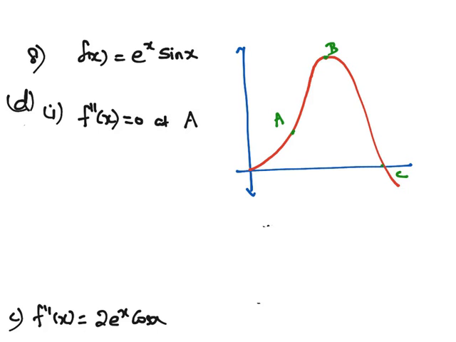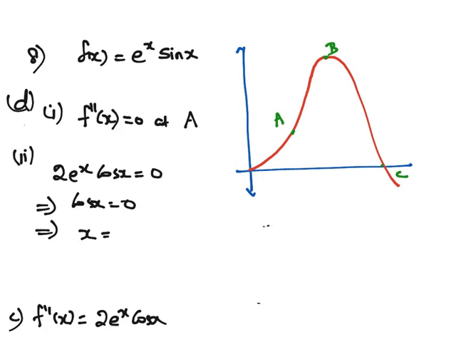Now the second part is, hence calculate the value of A. So that means 2 e power x cos x equal to 0. Again, e power x cannot be 0, so cos x equal to 0, which means x equal to pi by 2.